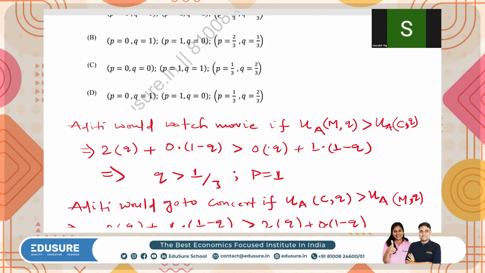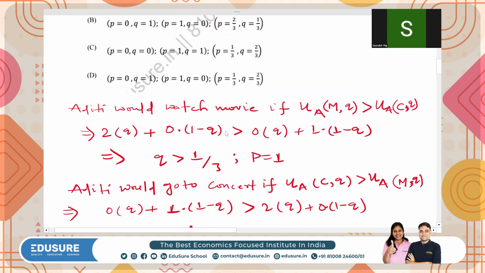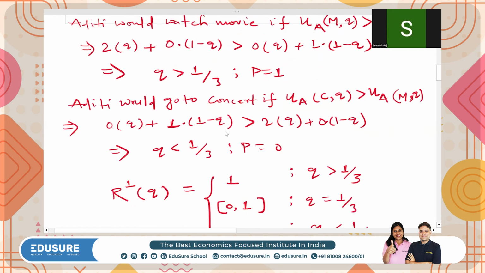So if Q is greater than 1 by 3, Aditi will watch the movie. And if Aditi will watch the movie, it means this is a sure outcome. What do we mean by sure outcome? It means there is a 100% chance that Aditi will watch the movie. So if there is 100% chance, then the probability will be 1. We have assumed here that Aditi will watch the movie with probability P, and that is possible only when Q is greater than 1 by 3.